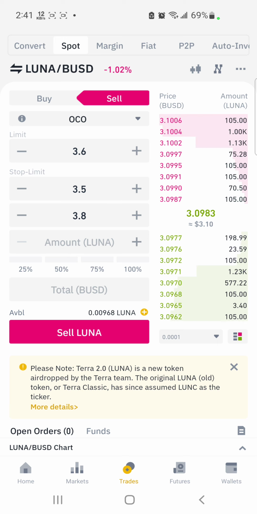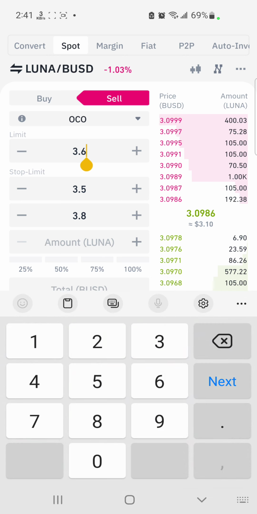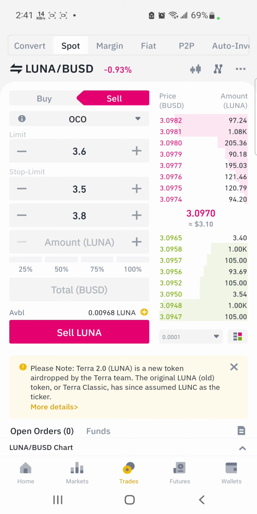So this is what the one cancels the other order does. However, look at what's happening. Any one of these orders, and if you notice, the one cancels the other order is just basically a combination of the stop limit and the limit order. So they're just basically the stop limit and this limit order grouped together.